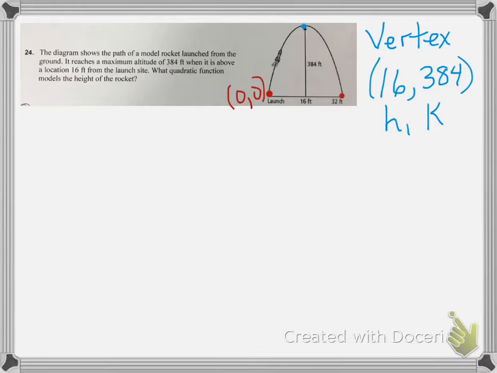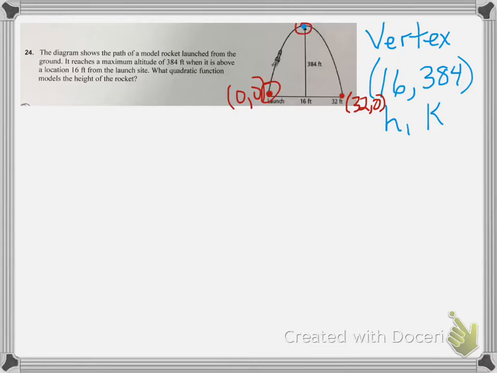And then over here at the ending, at the landing site, it's 32, 0. Nathaniel, which one do you think we might want to work on? Which one do we want to use? 0, 0. Okay, let's use 0, 0. That'll work.